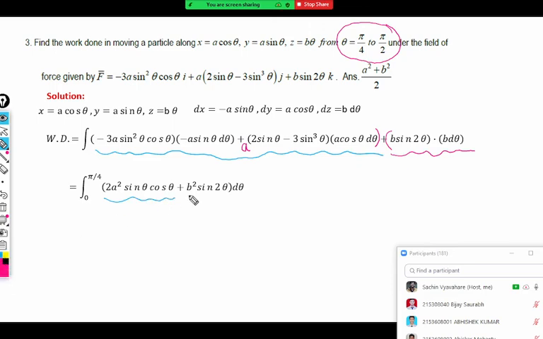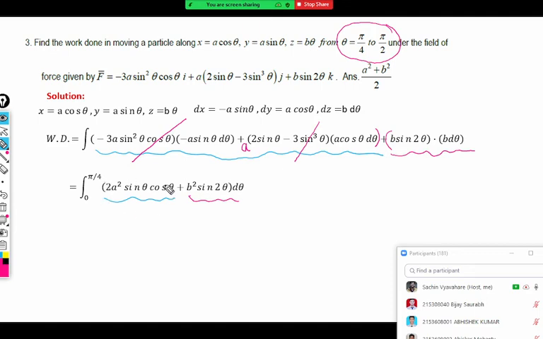You can check later on, because one of the terms may get cancelled. I think this first term gets cancelled with that term, and only this term is left: 2a square sine theta cos theta, and b square sine 2 theta. I hope that is clear.